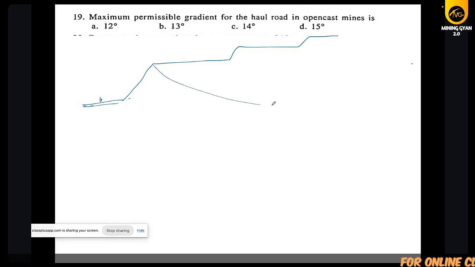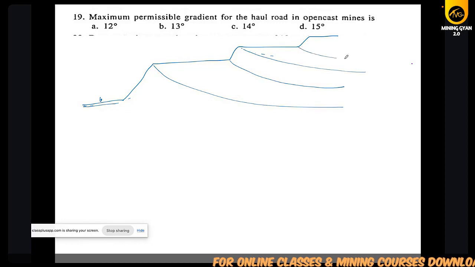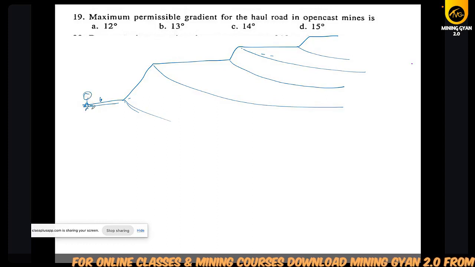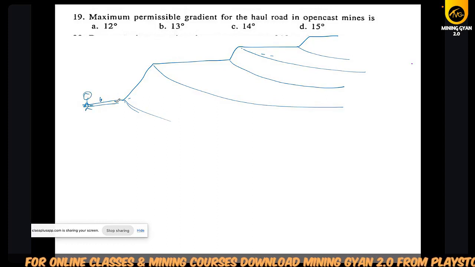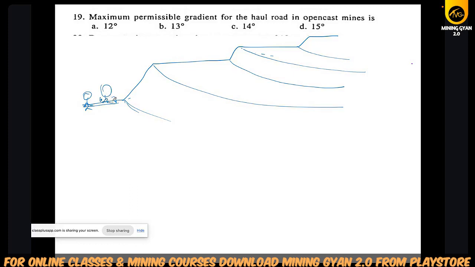Okay, and this is your 3D, and this is your face. So if you are working here and you want to go with your machine, or your dumper wants to go from here to here, how much gradient should you take to make a road?